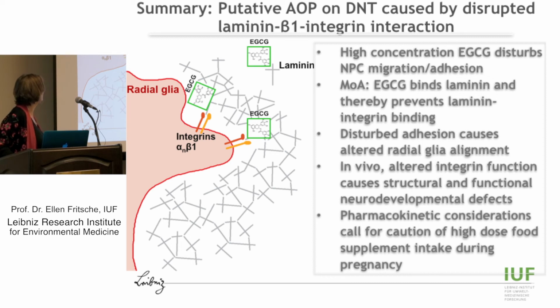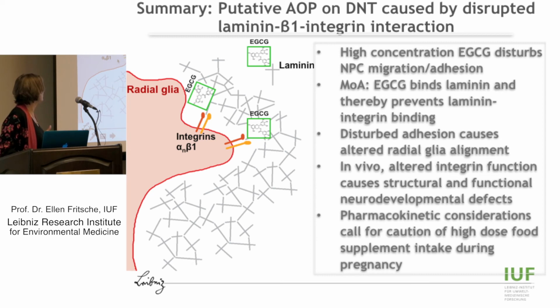So, here I have summed it up really briefly. The high concentration, this is not drinking green tea, it's really the high concentration food supplements, disturbs the adhesion and migration of neuroprogenitor cells, and it seems like binding to the laminin, which are these gray crosses here, prohibits the binding of the integrins to the laminin in the radial glia cells.